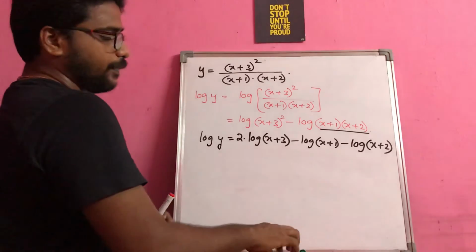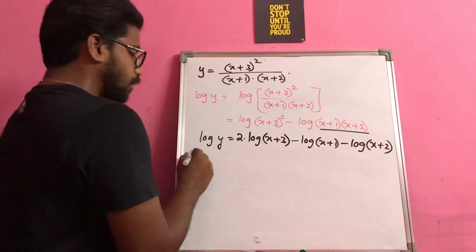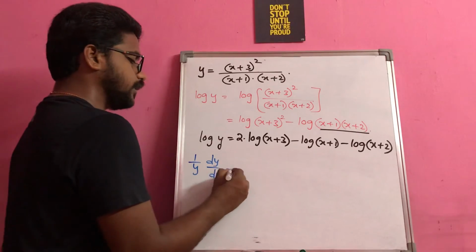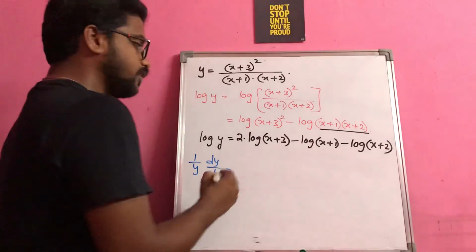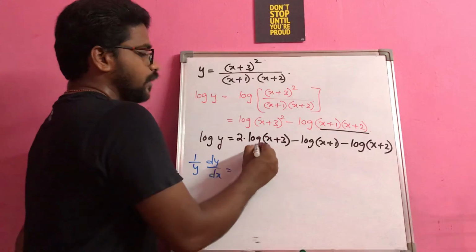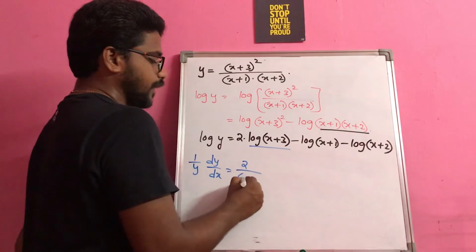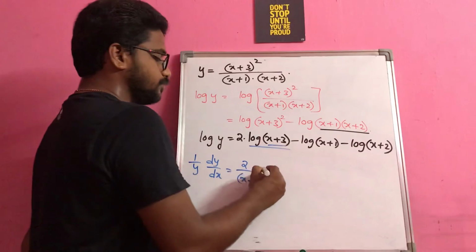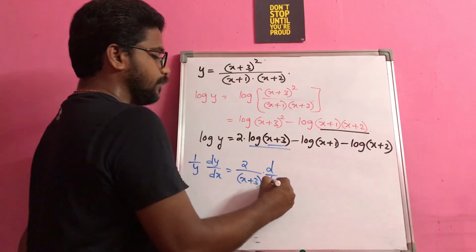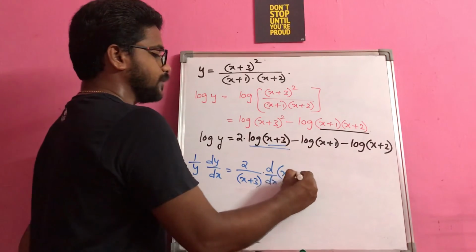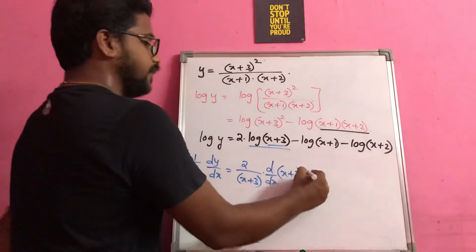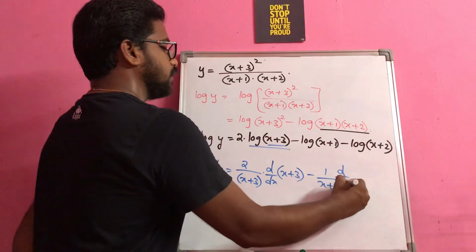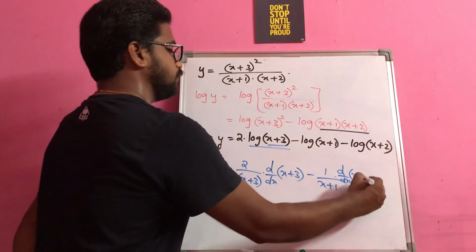Now I am going to apply the differentiation. 1 by y dy by dx is equal to 2 times the log function differentiation, which will be 1 by x plus 3. This is not x, so the inner derivative will be d by dx of x plus 3. Again here, 1 by x plus 1 into d by dx of x plus 1.